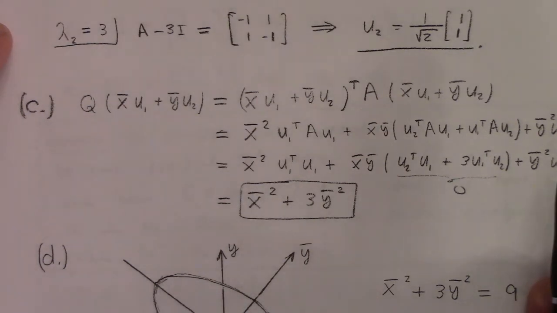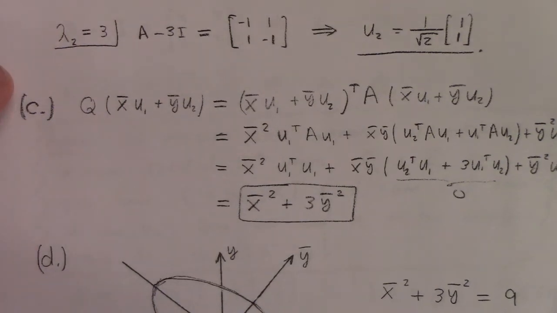Now, I would like to point out here why this is neat. Remark: 2x squared plus 2xy plus 2y squared equal to 9 is not obviously an ellipse, right?